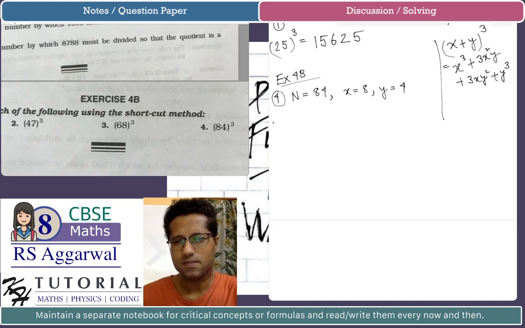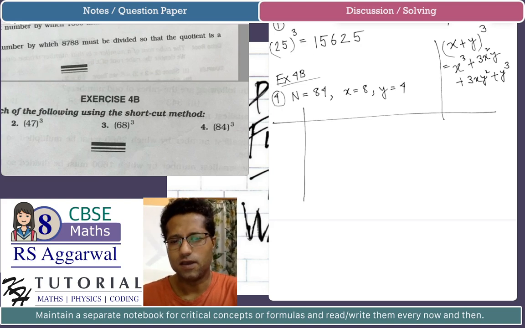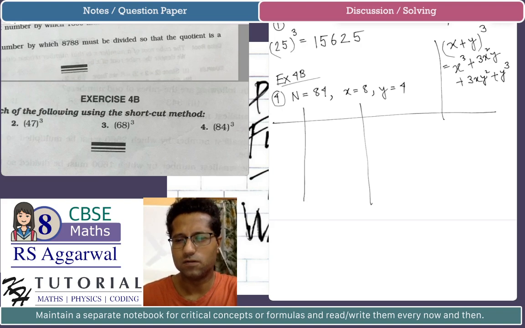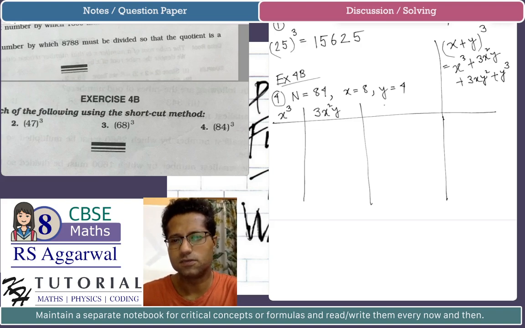So I create the table. We have 4 columns. First column is x cube. Second column is 3x square y. Third column is 3xy square. And the fourth column is y cube.